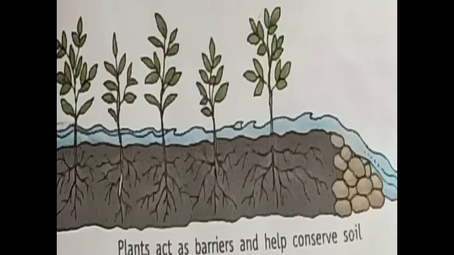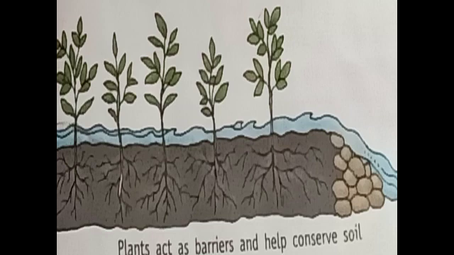Advantages of terrace farming. It reduces the force of rainwater and prevents soil from being washed away. Rainwater fills up each step and the plants are able to absorb water. Next one, afforestation. Afforestation, or growing trees, is another effective method of soil conservation on hill slopes. Afforestation means planting more trees.